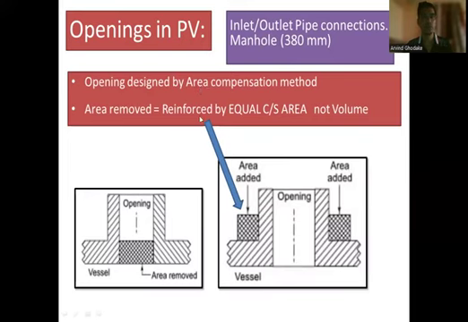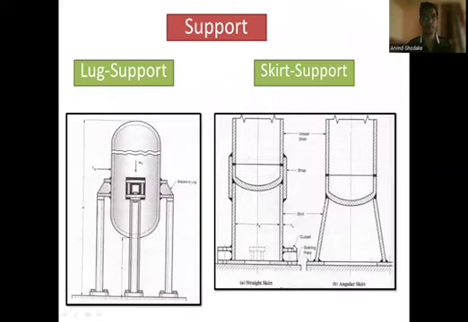The area removed is reinforced by an equal cross-sectional area, and not volume. So here in the first figure, you can see that for the opening, this area needs to be removed, and to compensate for that, an equal cross-sectional area is added as reinforcement. So this is the opening for the inlet and outlet connections of the pressure vessel.